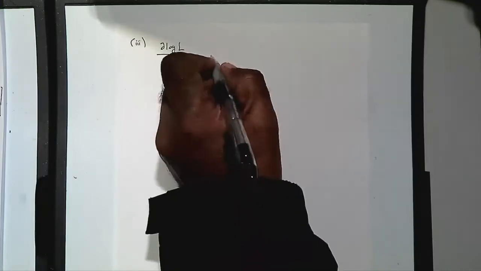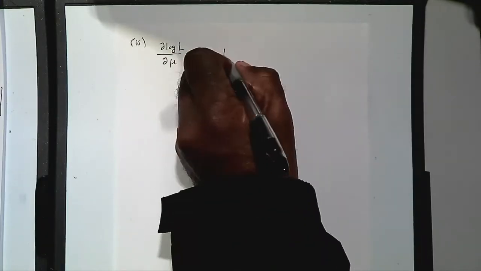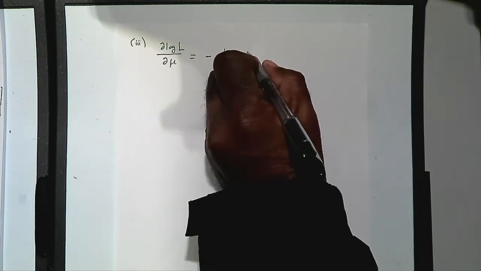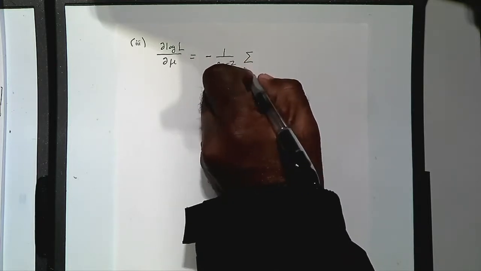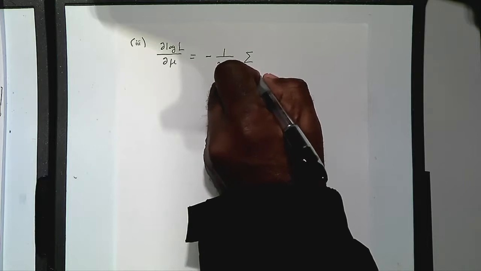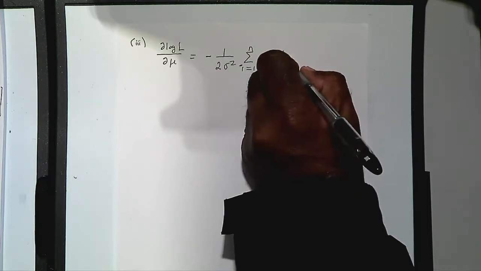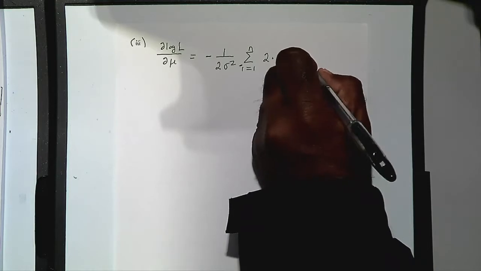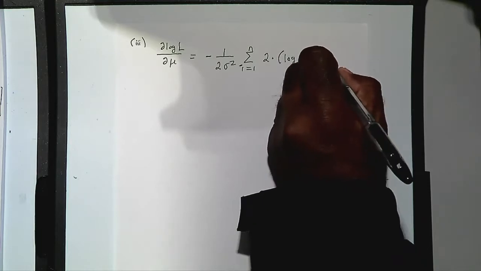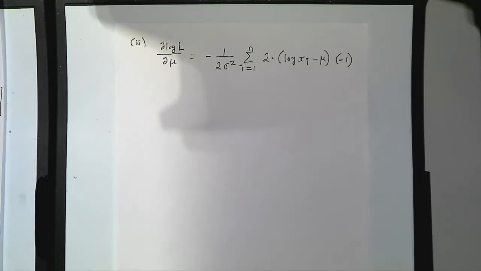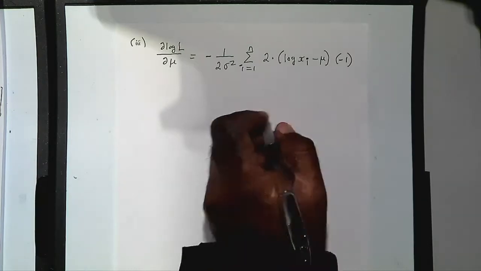If you do the partial derivative with respect to mu, this is what you get. Okay, and simplify this.